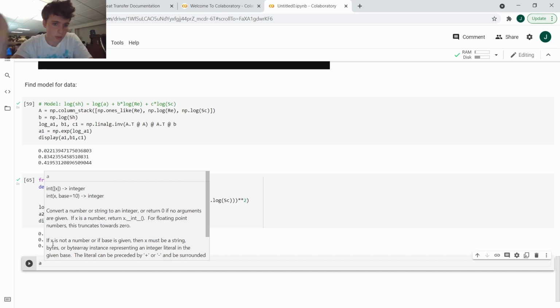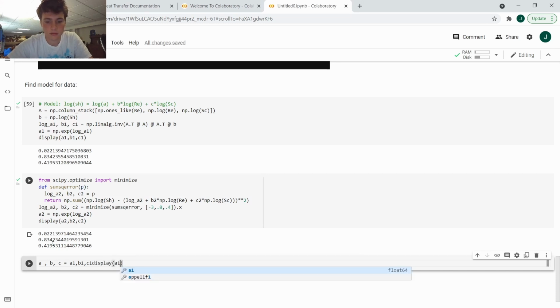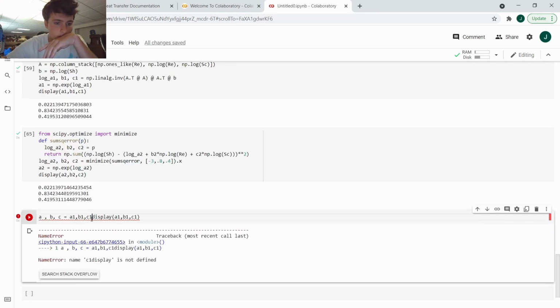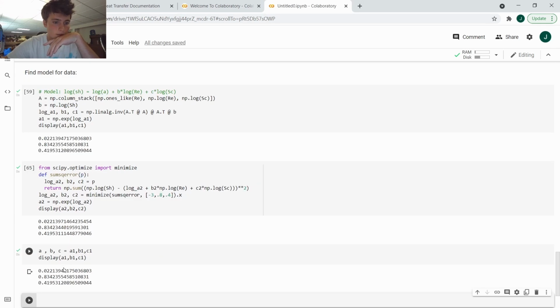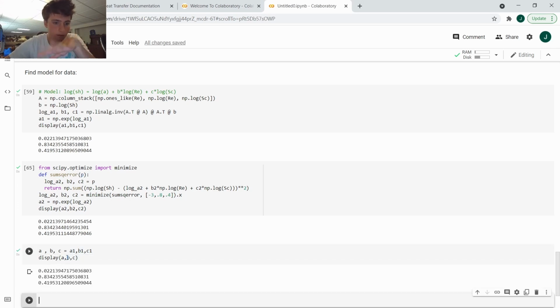I'm just going to use A1, B1, and C1, but I'm going to redefine them as A, B, and C, so I don't have to keep track of A1, B1, and C1. Just make sure we don't get propagation of an error here. Alright, awesome. Okay, good.